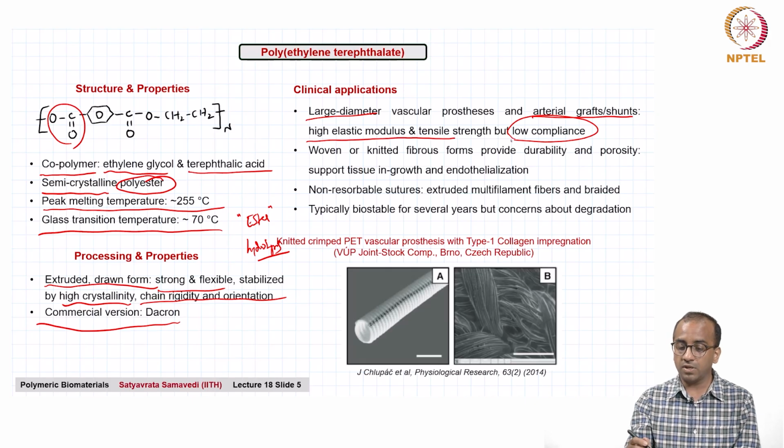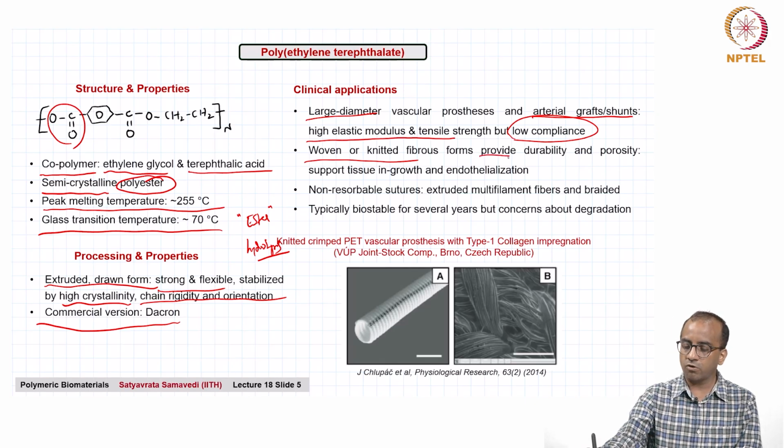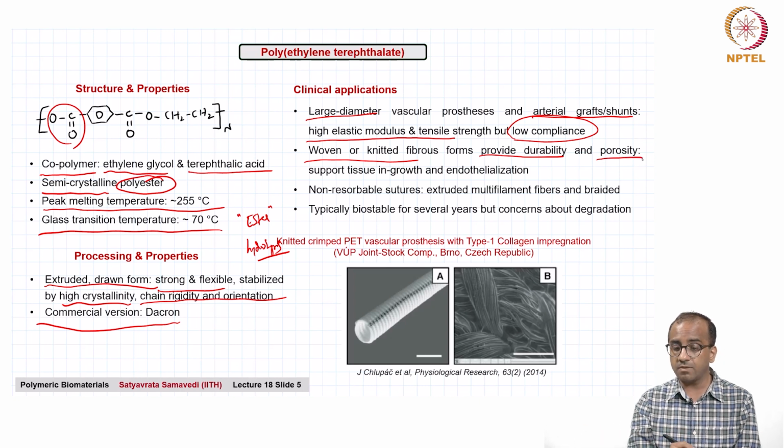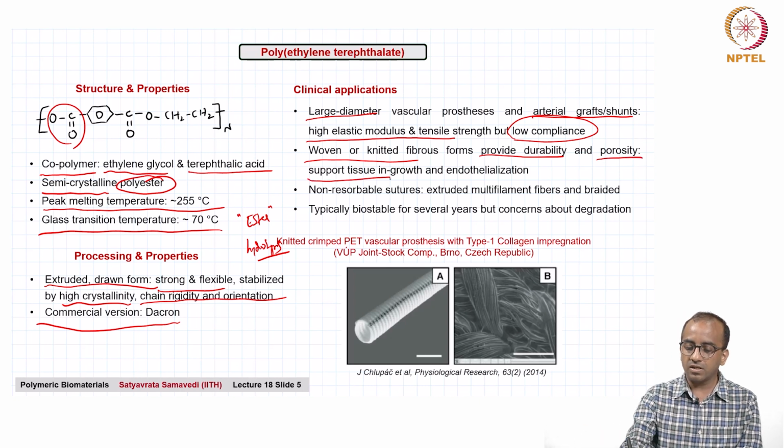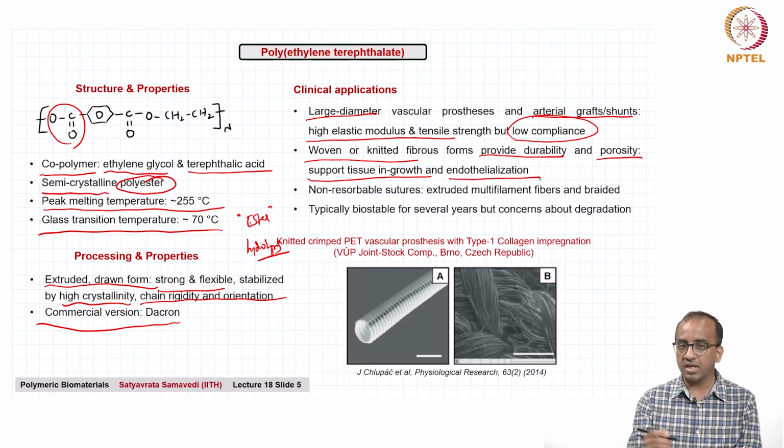So, very often woven or knitted forms are used, which overcomes some of these limitations. Apart from providing durability, the porosity, like we saw for the expanded PTFE, can also support tissue ingrowth and endothelialization.